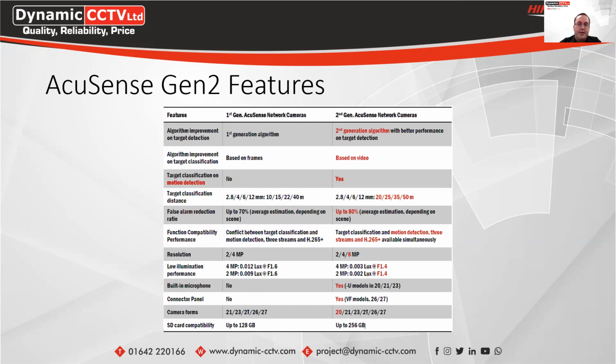And we do have ranges for the built-in microphones as well. And there's now also the improvement with the SD card. So if you're using the camera standalone, or if you're using ANR recording, it will now support up to 256 gigabyte SD cards in the actual cameras themselves for the Acusense range.